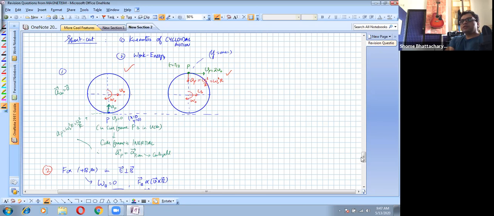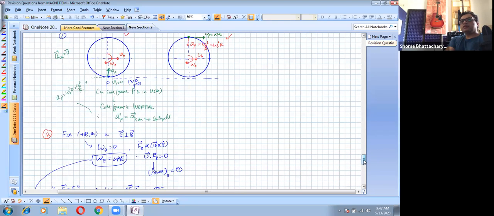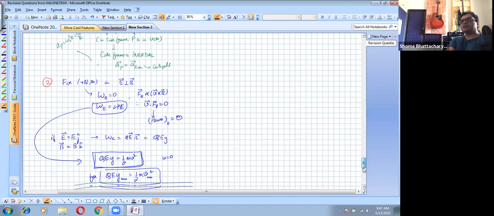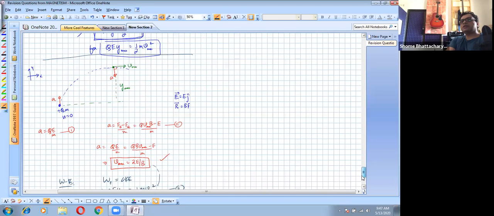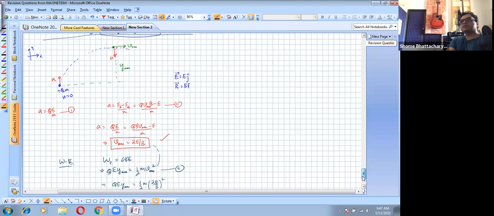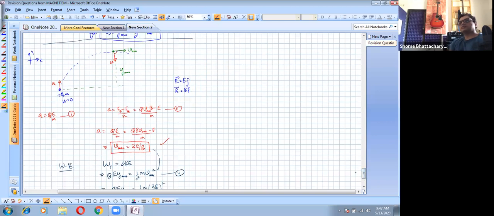So this is how we adapted this shortcut to our particular cycloidal motion, which is for the charged particle. Hope this part is clear, people.